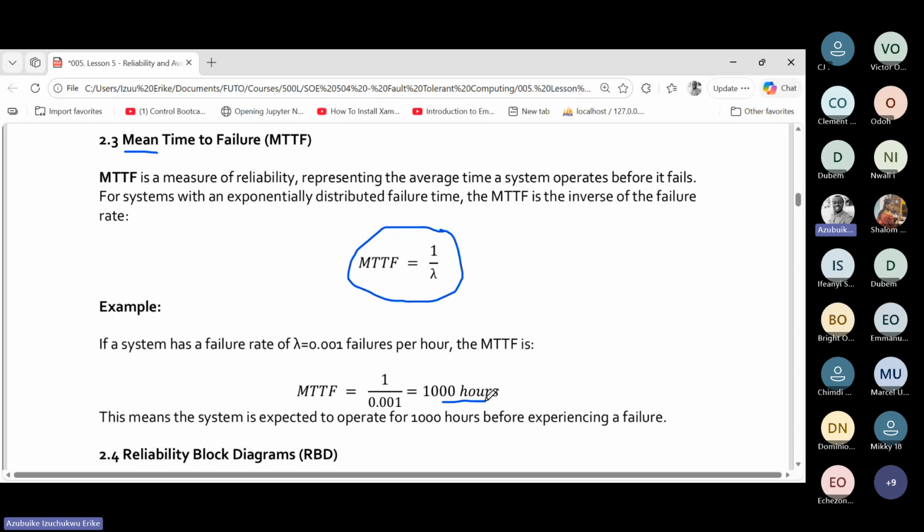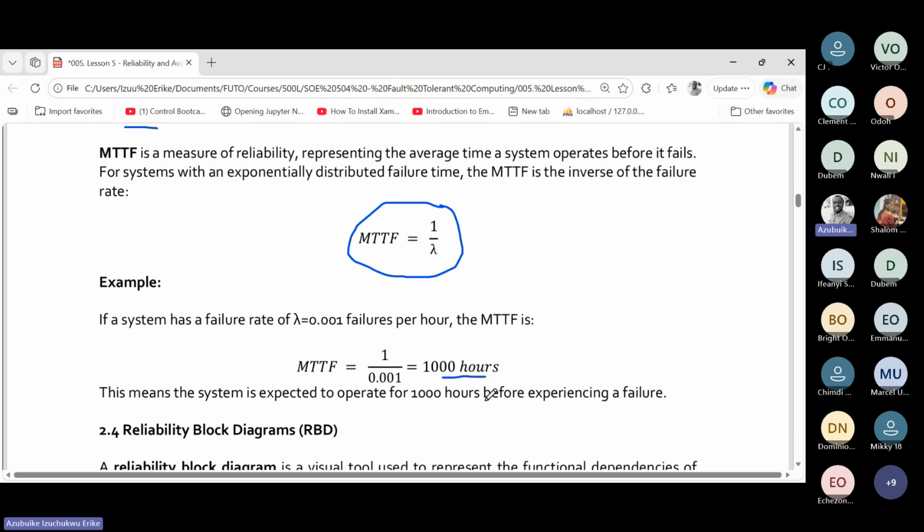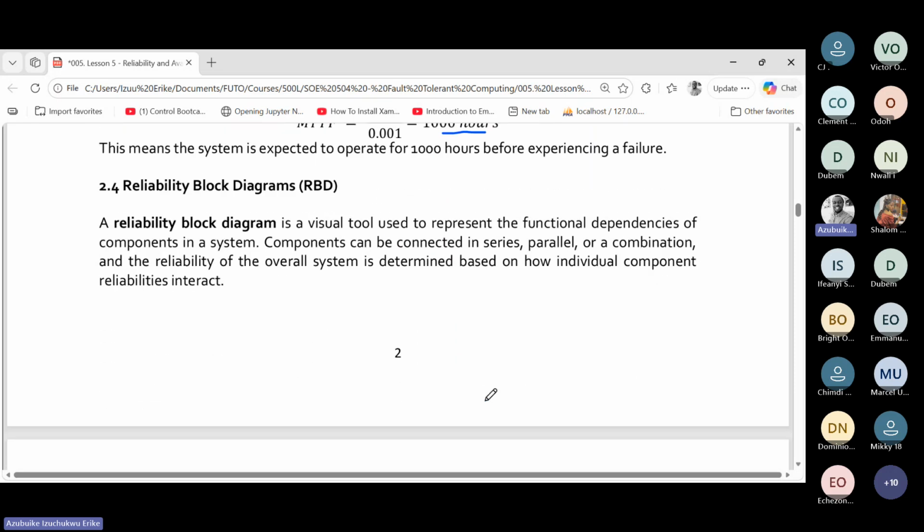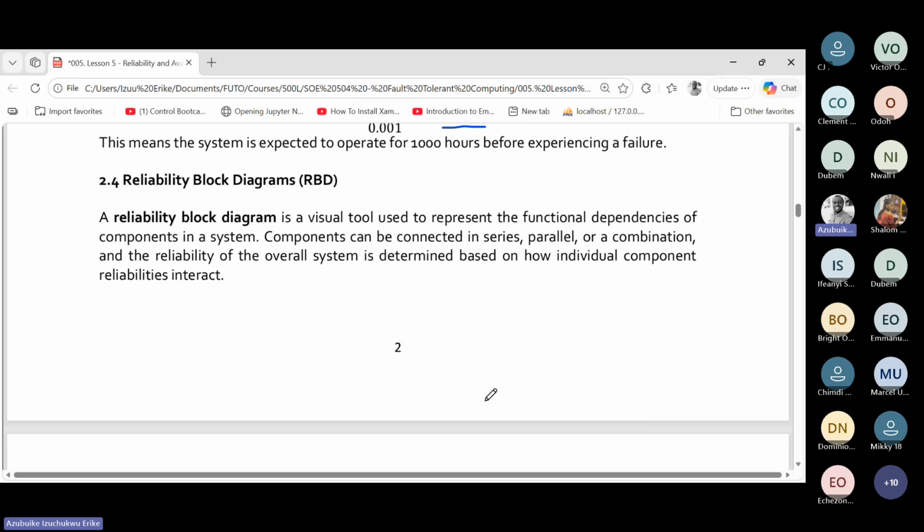Okay, now before we proceed, there is need for us to look at reliability block diagrams. Now, what does this mean? When you studied your physics, there is something that we did when we started talking about resistors in series and resistors in parallel, and capacitors in series and capacitors in parallel.